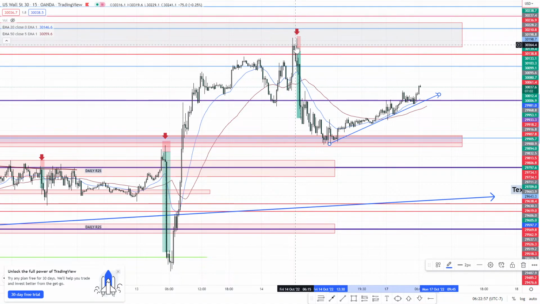There you go. Alright, so we got that. Let's change the color to red. So we have this key area right here, which you can see is daily, 4 hour, 4 hour, 4 hour, daily, right? So it's all here. You can see it.